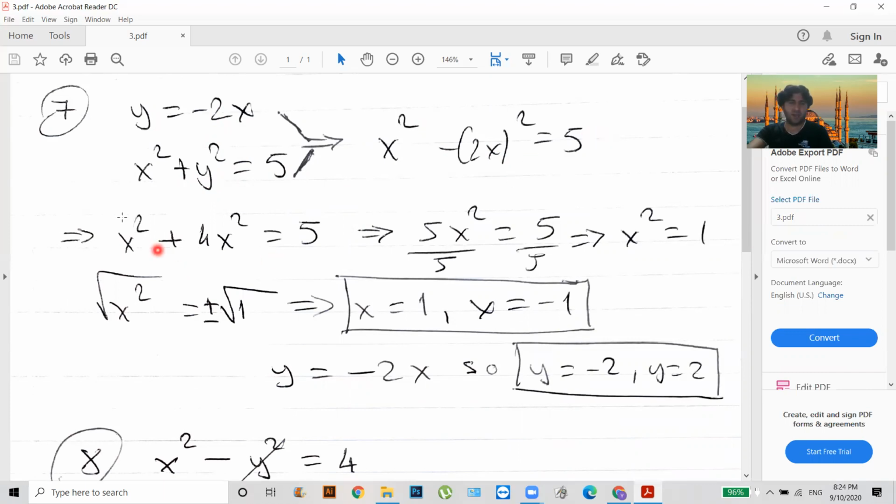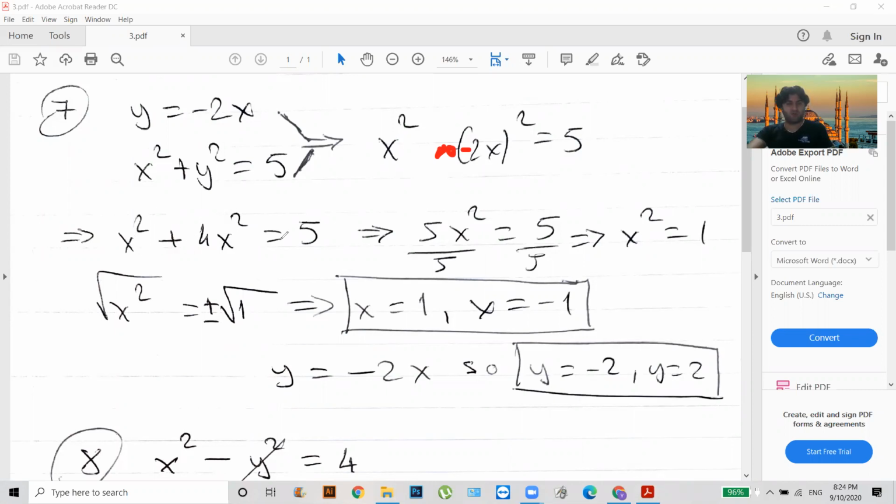So x squared plus negative 2 squared times x squared equals 5. Negative 2 to the power of 2 is going to be positive 4, and x to the power of 2 is going to be x squared.